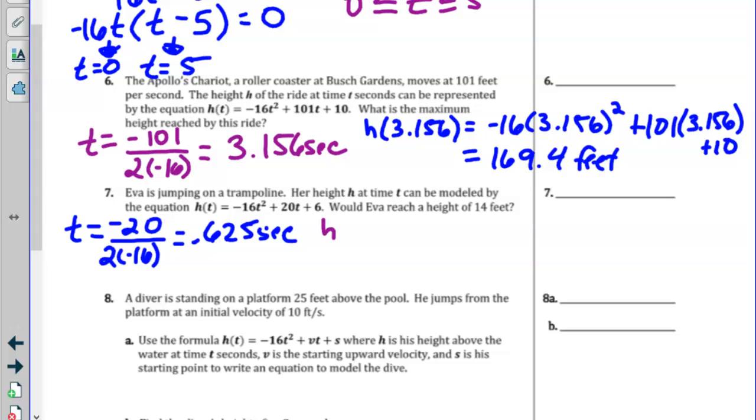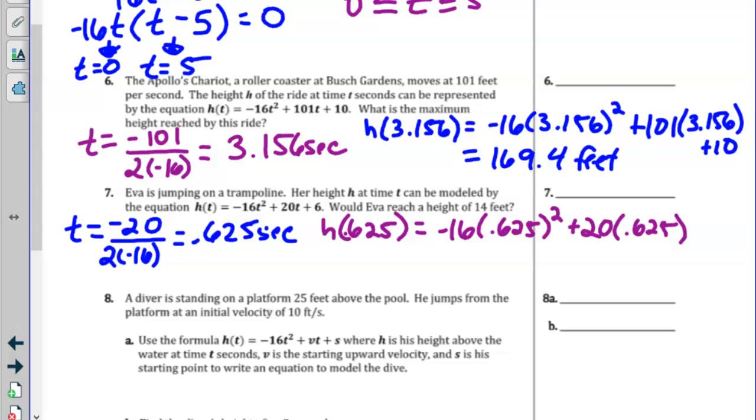Plug it in. We have h of 0.625 would equal negative 16 times 0.625 squared plus 20 times 0.625 plus 6. And tell me what you get for your maximum height. 12.25. Perfect.